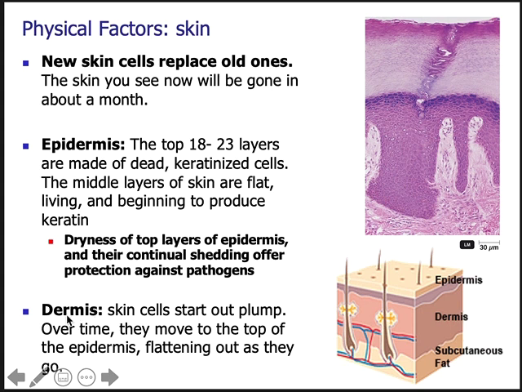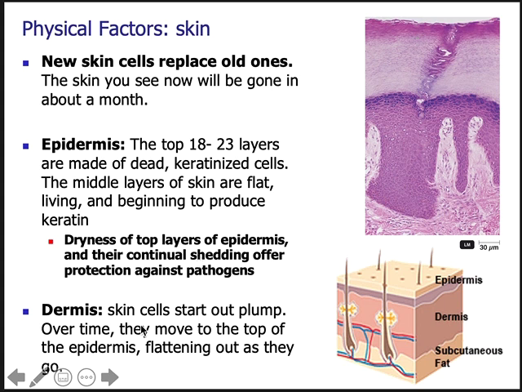Now the dermis are the lower levels of your skin. Skin cells start out plump, right? So you can see here that they actually look round and plump like normal cells that you expect to see, and then they become flat, and it's hard to even distinguish them because this picture is so small. But they just become flatter and flatter until they're dead at the top with all their keratin.